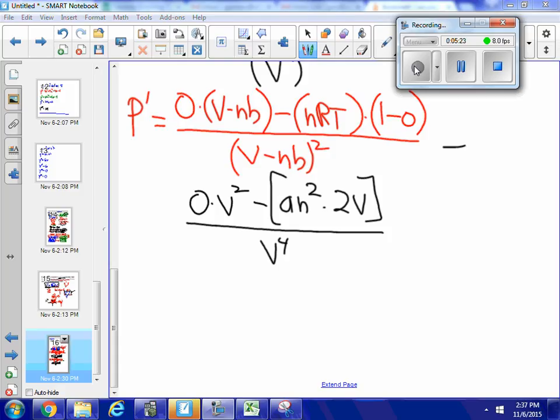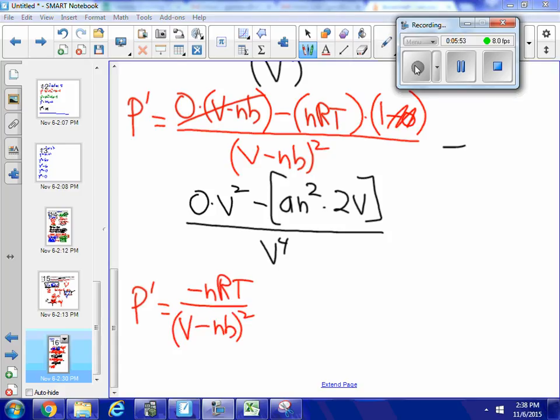Let's go back to my red piece. So P prime, well, this is 0, so that's going to cancel out. Well, this is going to be 1. I don't need that 0 there. So I'm going to have negative nRT divided by V minus NB squared.